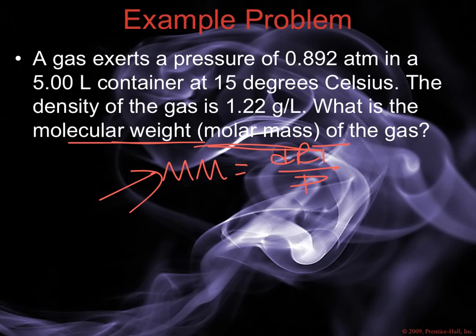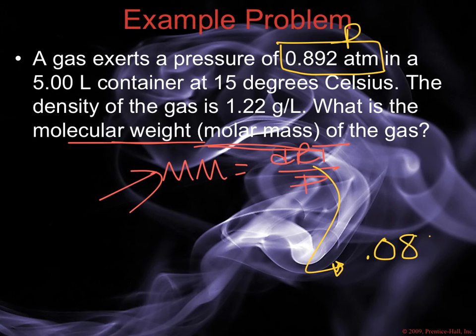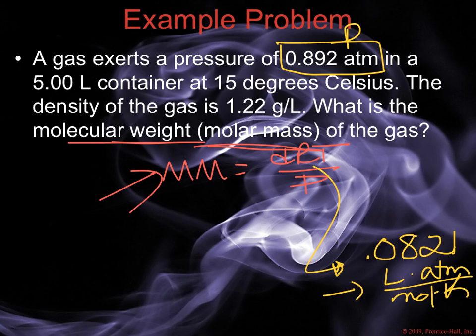So let's look. We have pressure, and it's in atmospheres. The R value that we're almost always going to use is 0.0821, and the units are liters atmosphere over mole Kelvin. So all of our other variables have to have these units. So pressure's in atmospheres like it should be. Here's volume. It has liters like it should.